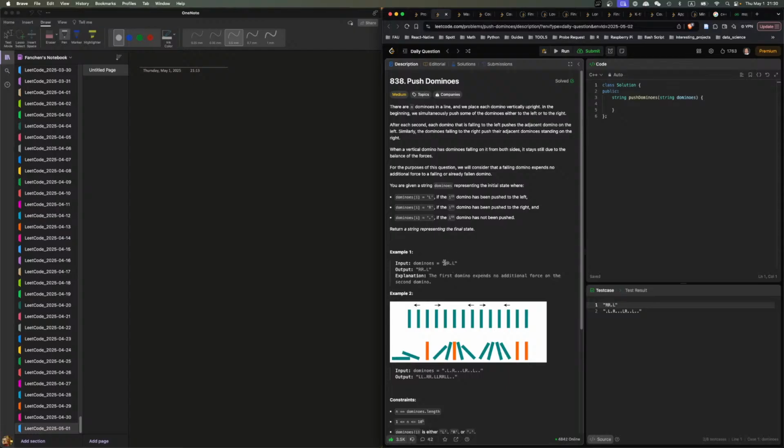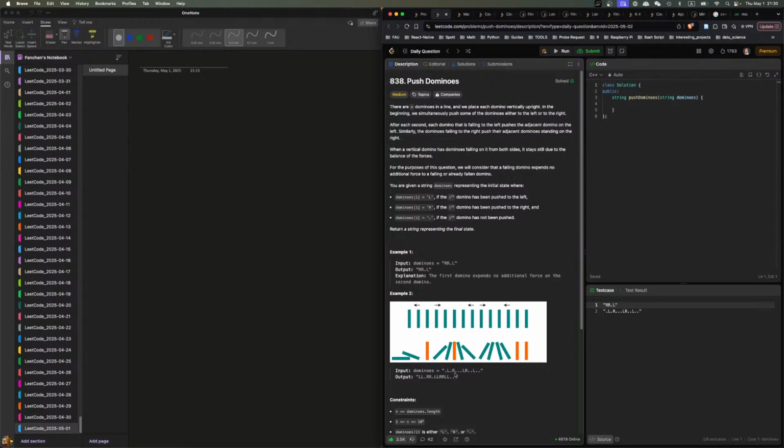But also, the first domino expends no additional force on the second domino. So in this case, still left. So push to the left. So both are left.